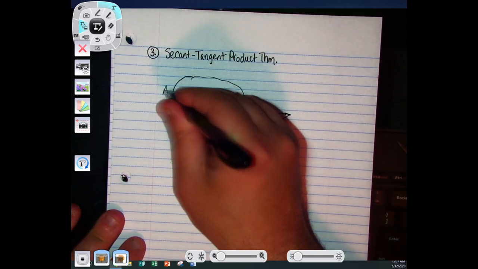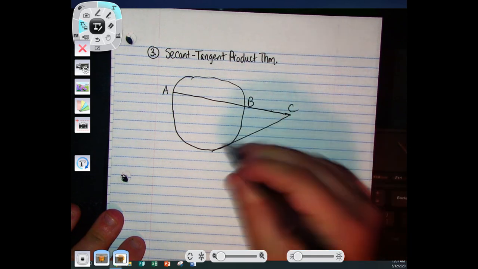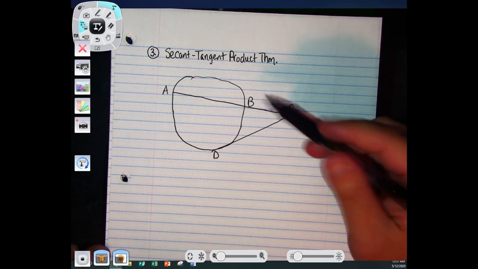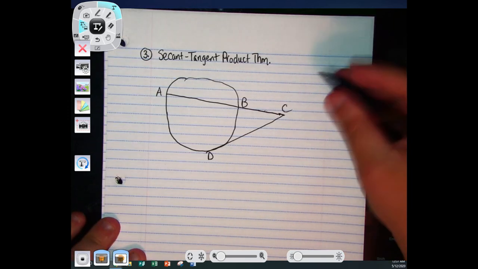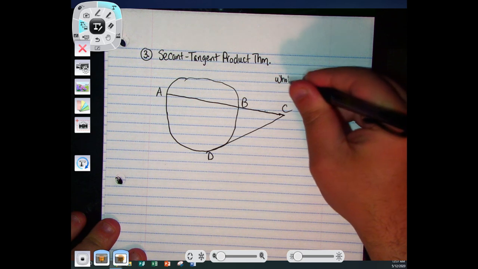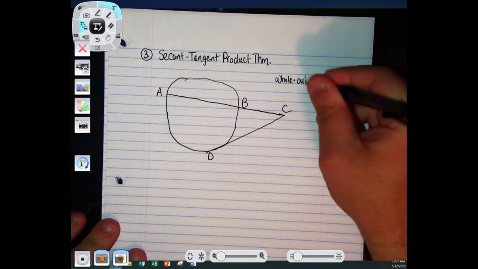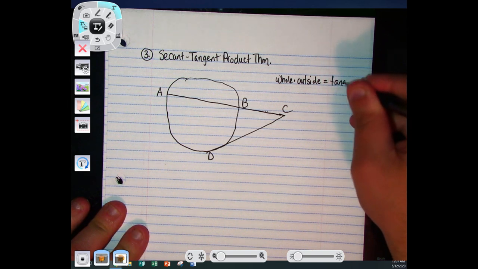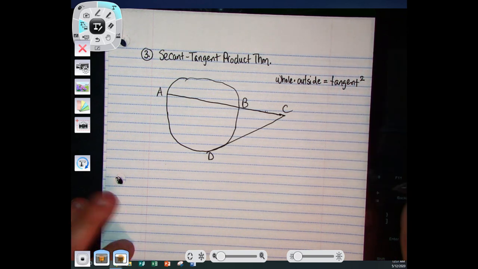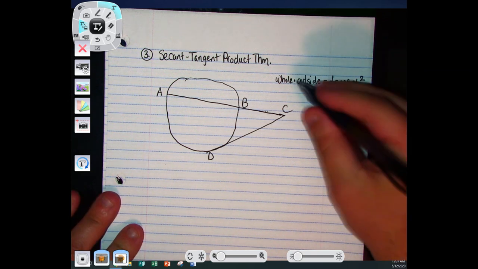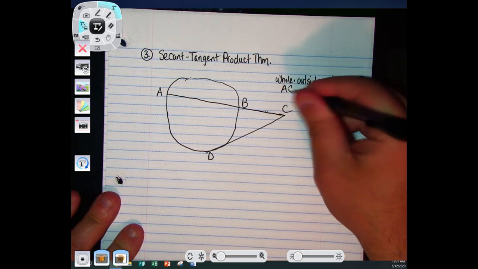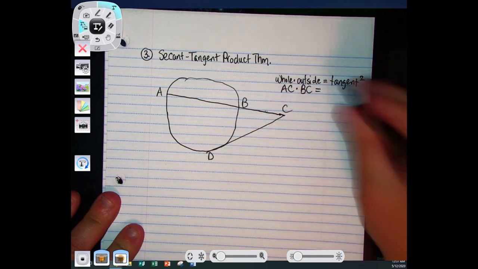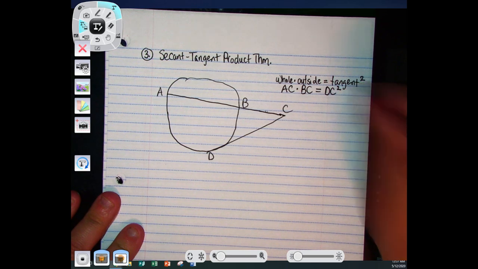We have A, B, C, and we're going to call this D. This theorem says that if I take the whole of the secant times the outside of the secant, that's equal to the tangent squared. So this would be the whole AC times the outside BC, and that's equal to DC squared.